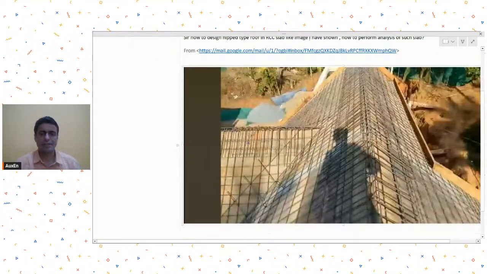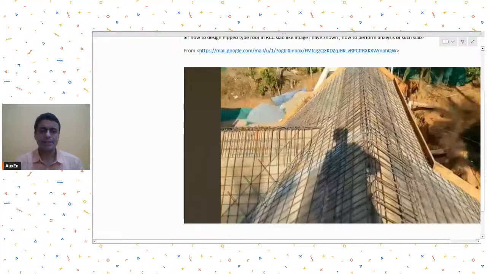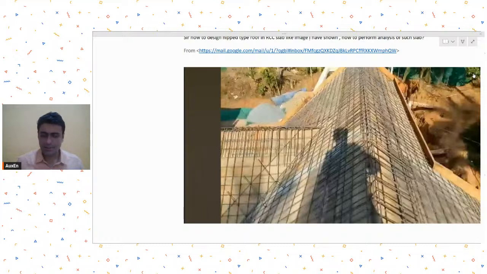He's asking about these types of pitched roofs, how to do them in RCC, because in steel it is somewhat easier to do such things, but how to do that in RCC is his question. Has any one of you ever designed such RCC pitched roofs for any of your projects?